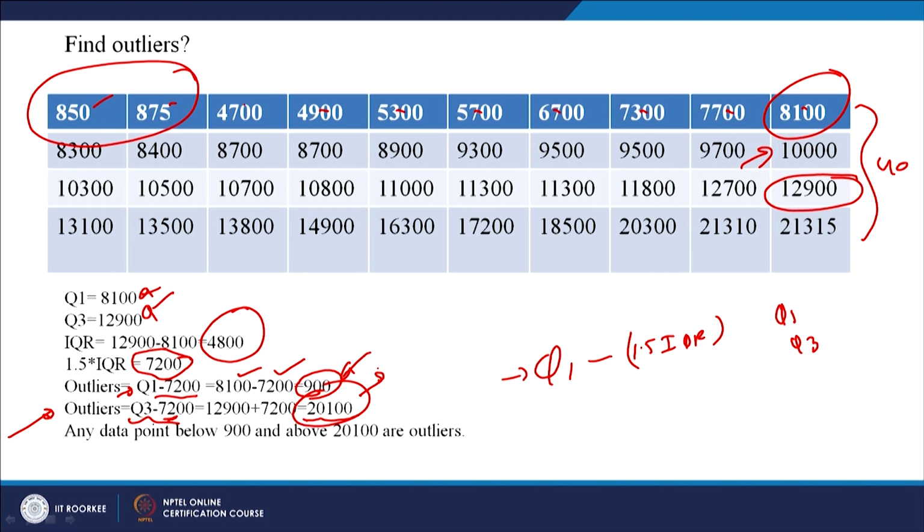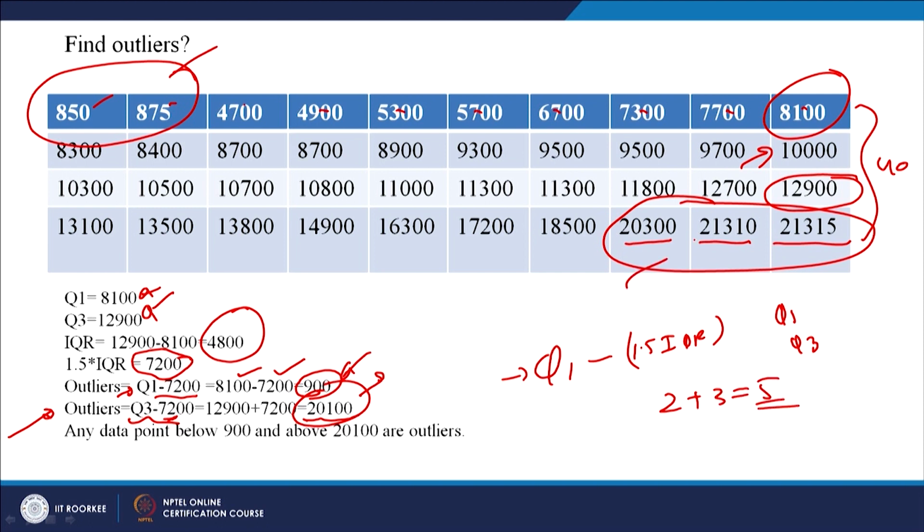So, do we have any data point which is more than this? Yeah, they are there. So, these three are outliers, right? This is 20,300, 21,310 and 21,315. So, in this data set how many are outliers? Total 2 plus 3, right, 5 outliers.